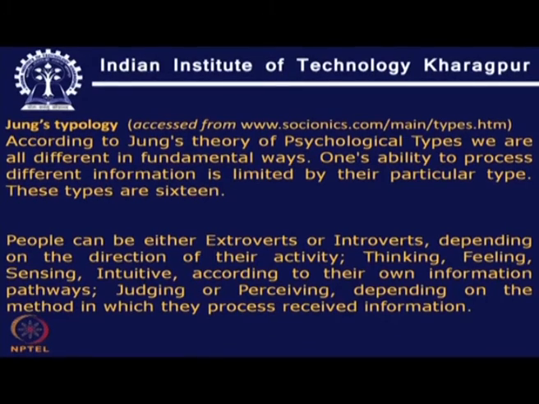Now, what we dealt with in Freud's theory is the dynamic theory of personality, like why a person is behaving in a certain way. This classification is called the type theory, meaning what type of person, how we can classify people based on certain parameters.